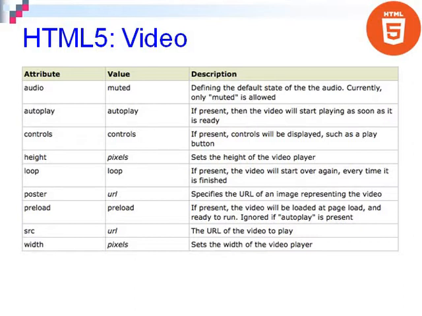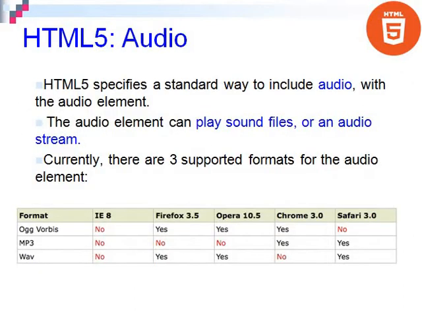If present, the video will be loaded at page load and ready to run. Then source src contains a relative or absolute path of the video to be played. Width means the width of the video player. So these are the possible attributes that can occur with the video tag. Now we can see HTML5 audio.